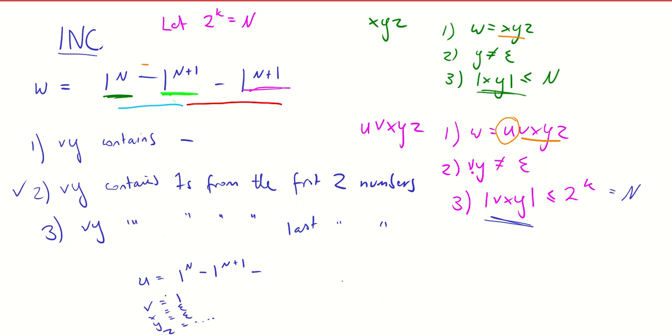Note that when I pump this v downwards, in the original version of the word that I had, I would end up with a word that would have been, well, what my word now becomes. So 1 to the n, 1 to the n plus 1, 1 to the n plus 1.